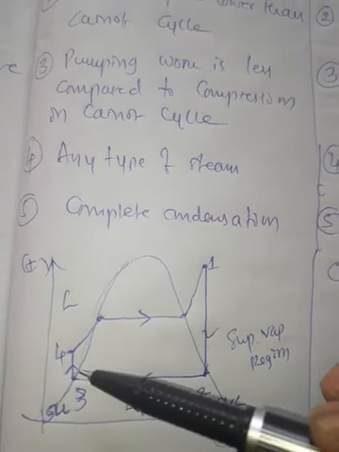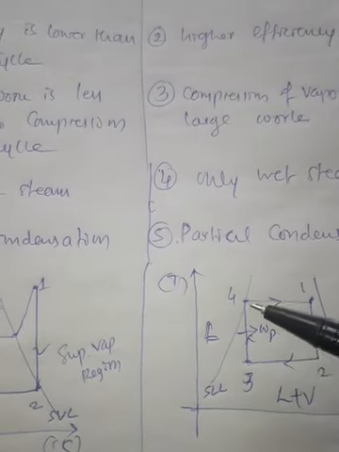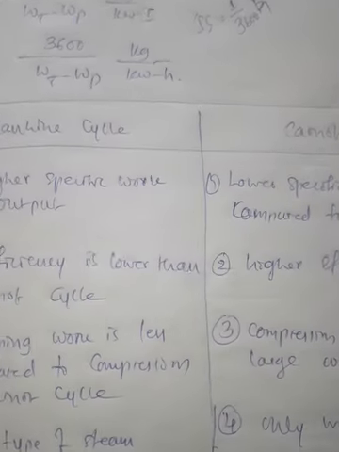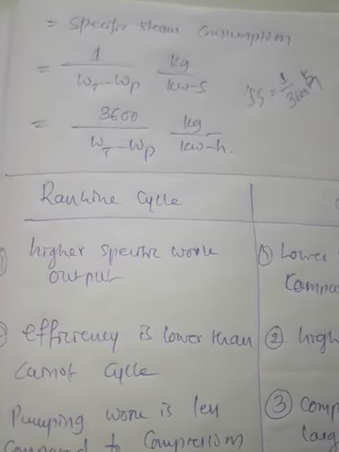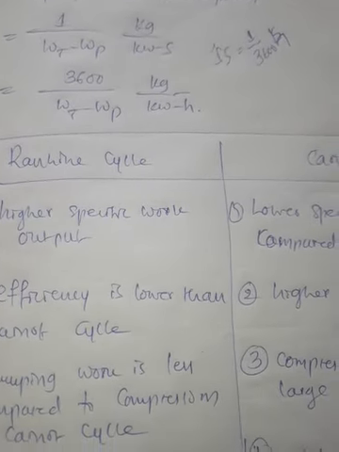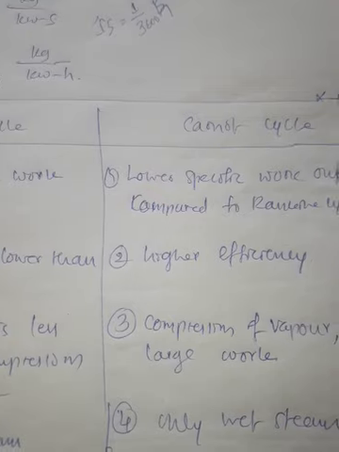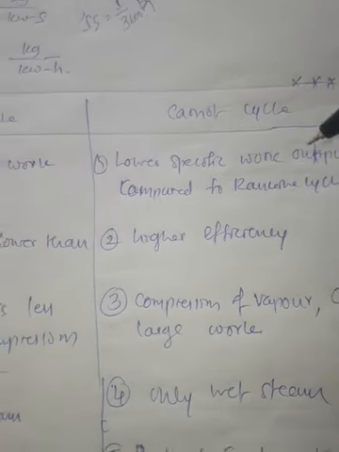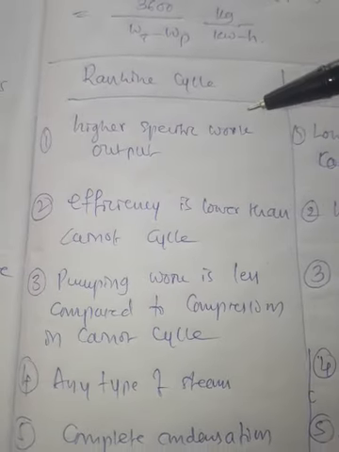So it is very little compared to that in the Carnot cycle. Hence the specific work output is WT minus WP. If WP is more in the Carnot cycle, the final output will be less. That is all about the first difference.